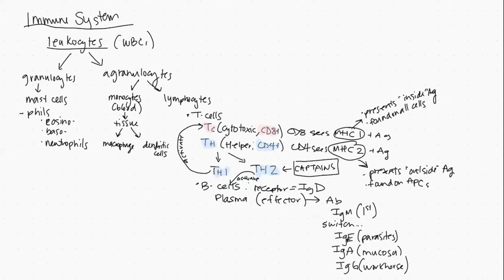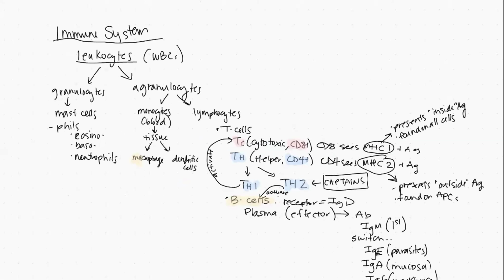Our antigen presenting cells are our B cells, our macrophages, and our dendritic cells. Technically the monocytes too, but these are our biggies here. Because the other guys are derived from the monocytes, right? So they're kind of the same thing.